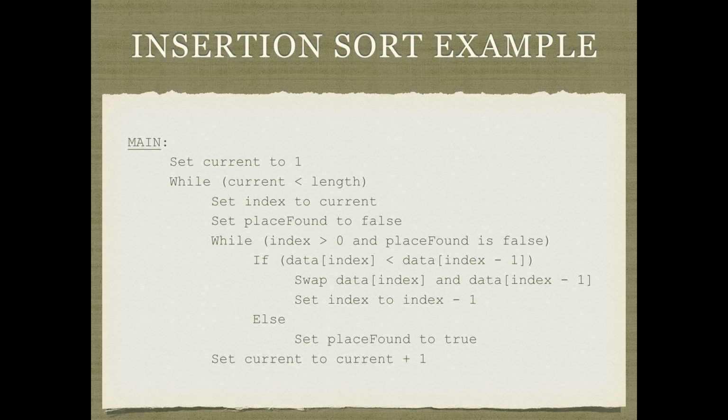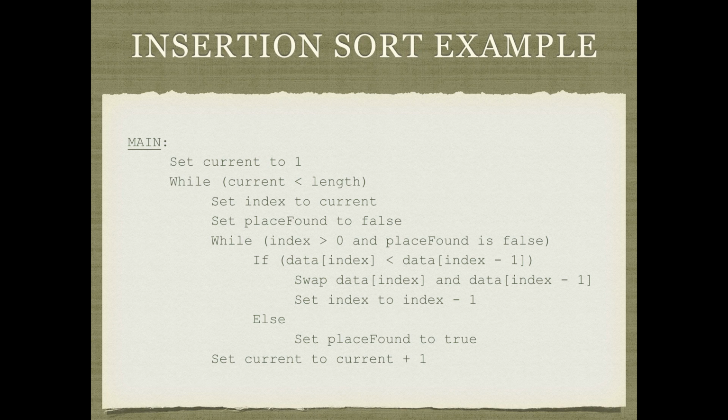If index is greater than 0, which it is, and we haven't found anything yet, then compare the data in index number 1 with the data in index number 0. If the value in index 0 is greater than index 1, swap them. And then set the current index to 0. So then we're going to increment current and go back up.